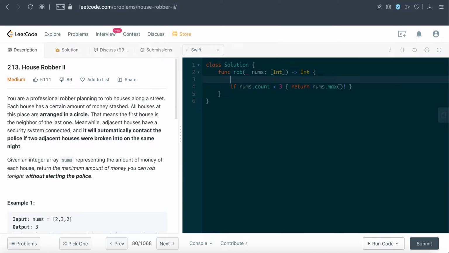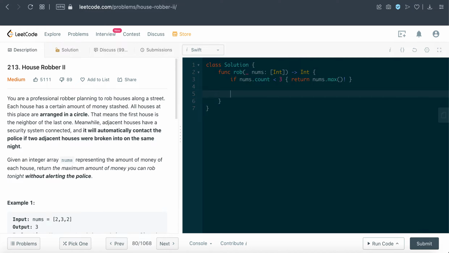Essentially, if we have 1 and 2, for example, we can't rob both of these houses because we'll get caught, since they are adjacent houses back to back. So we can only take the first house or the last house. That's what this condition does to avoid that scenario.